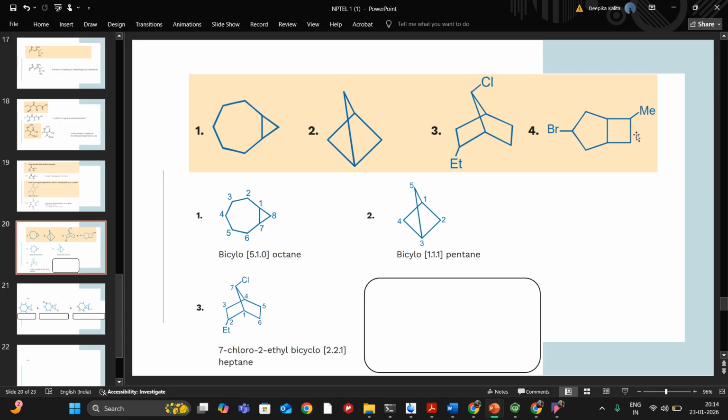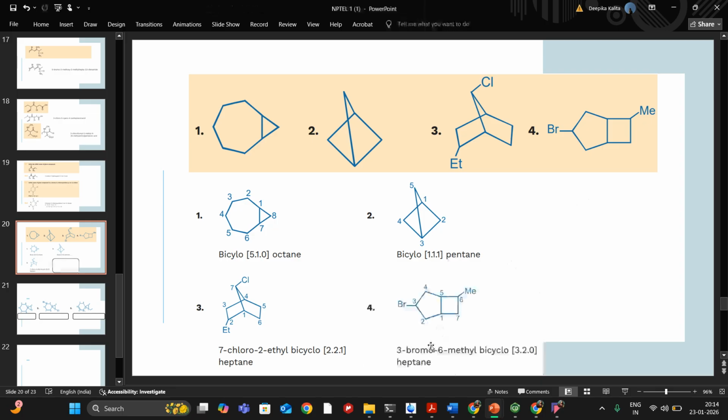So if we have to name this compound, it will be 3-bromo-6-methylbicyclo[3.2.0]heptane. Heptane because the total number of carbon atoms in the bicyclic ring is 7.